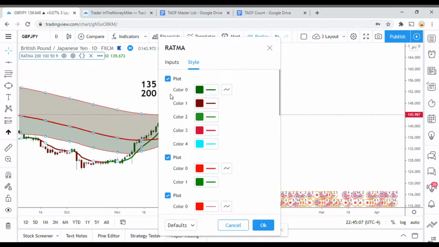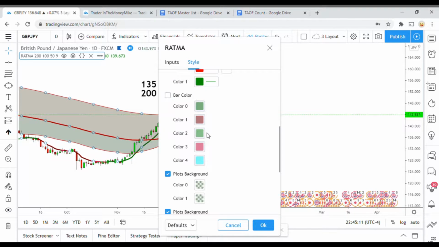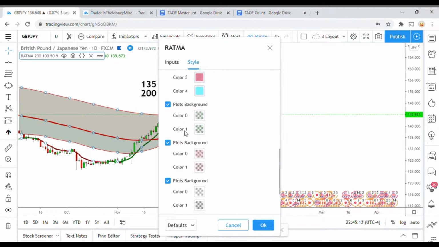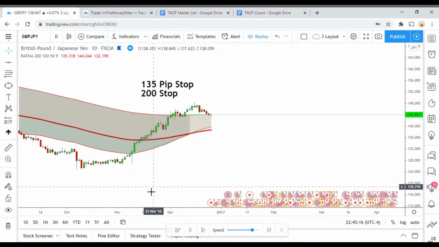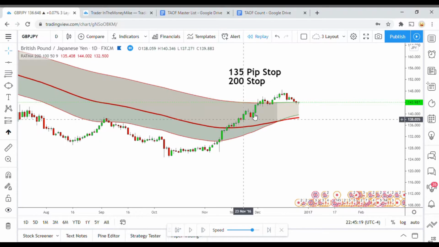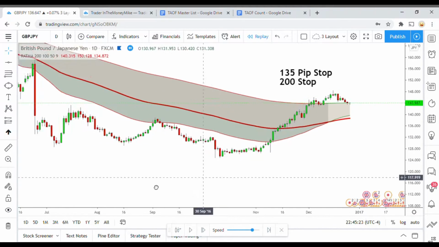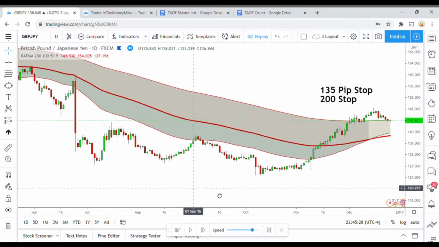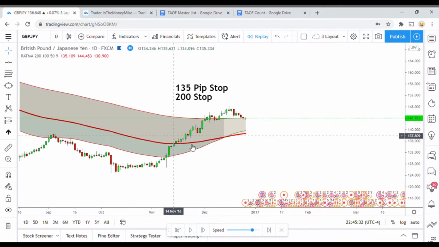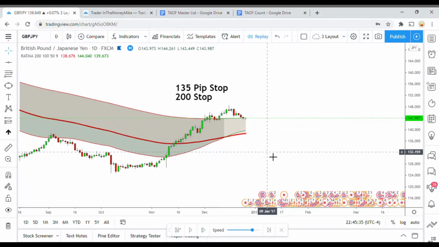Let's see if I can make a few adjustments here. Let's go in and take out the bar coloring. And I think I'm going to just remove that main moving average line. Not to say that it isn't useful in some way, but right now what we're going to test is just this main body itself.